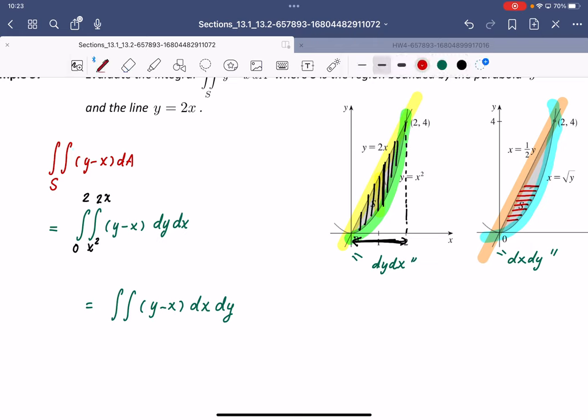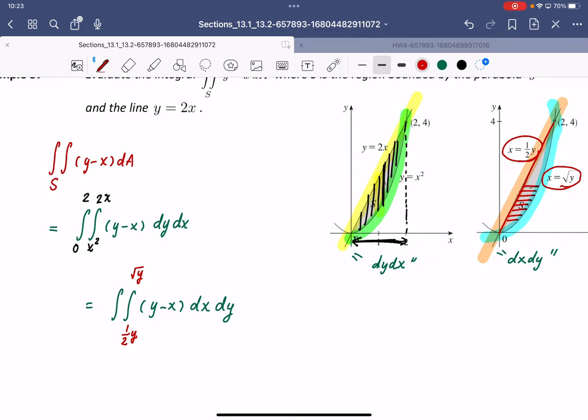So when you do it, x goes from where to where? The left one, which is the orange one, is x equals 1/2 times y, because y equals 2x simplifies to x equals 1/2 y. And on the right, x equals the square root of y, because this is a parabola.